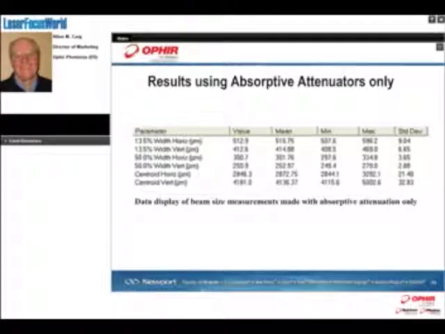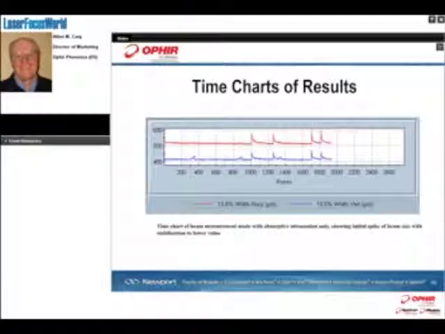But if we looked at that measurement using time charts, we could see what was happening over a very rapid period of time. You'll see those spikes. What that was is when we covered up the beam and then let it back onto the profiler, we immediately saw this spike, which then settled right back down to the 500 micron size again.